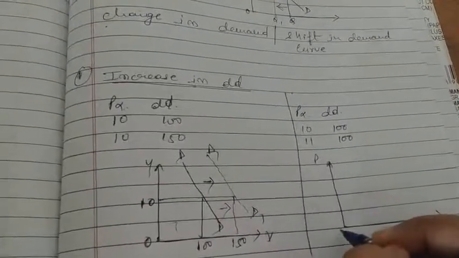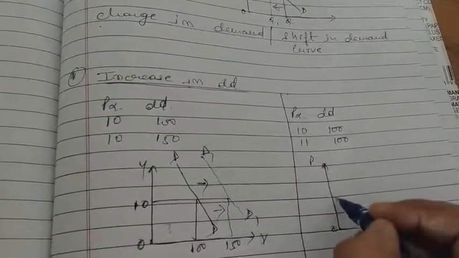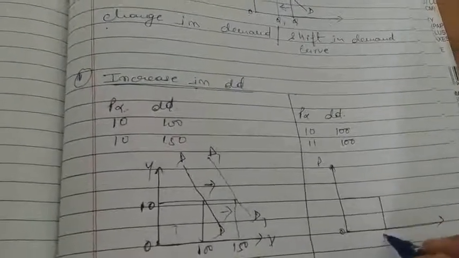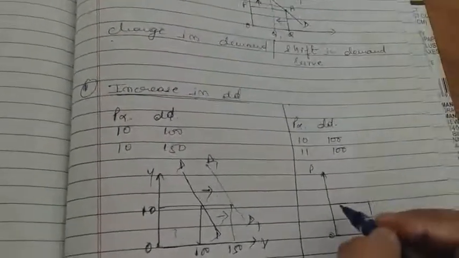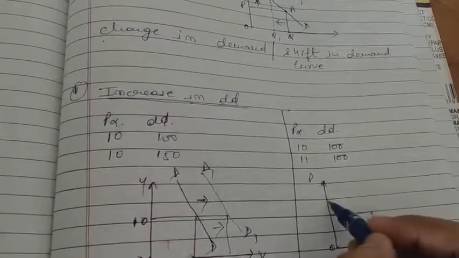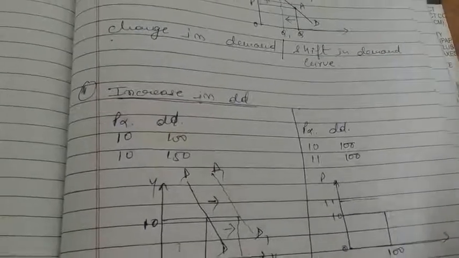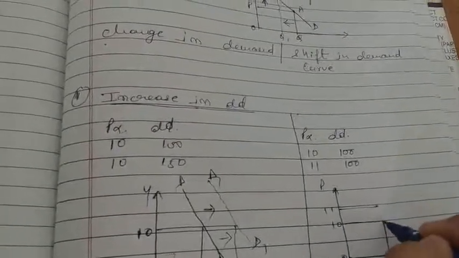Suppose price is 10, then demand is 100 units. And when the price increases from 10 to 11, then also the demand is the same.